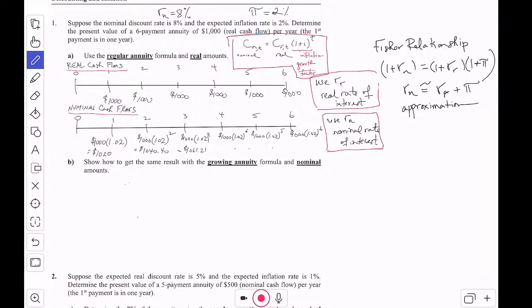It's accurate when inflation is less than 1%. So to be precise, we're going to use the Fisher relationship.